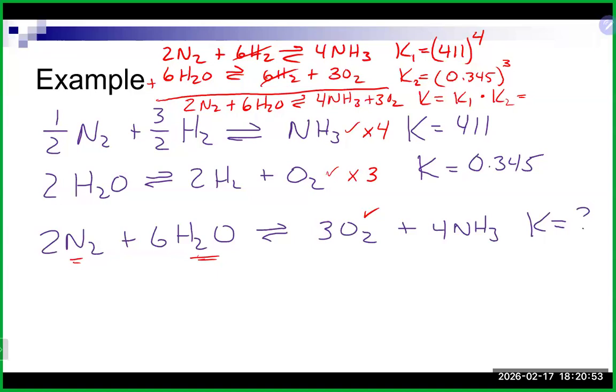We also need to adjust each of those K values based on what we did to them. So for the first one there, we're going to take 411 to the 4th power. And that's going to give us something like 2.85 times 10 to the 10. And we're going to take 0.345 and cube it. And that's going to give me 0.04106.